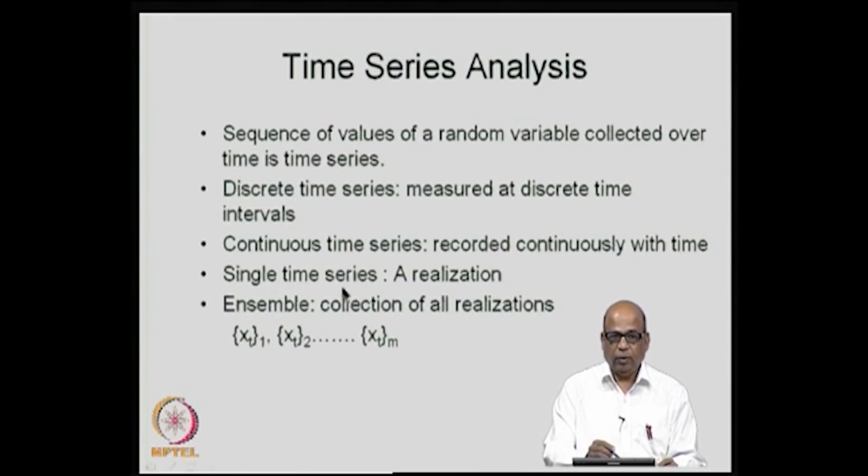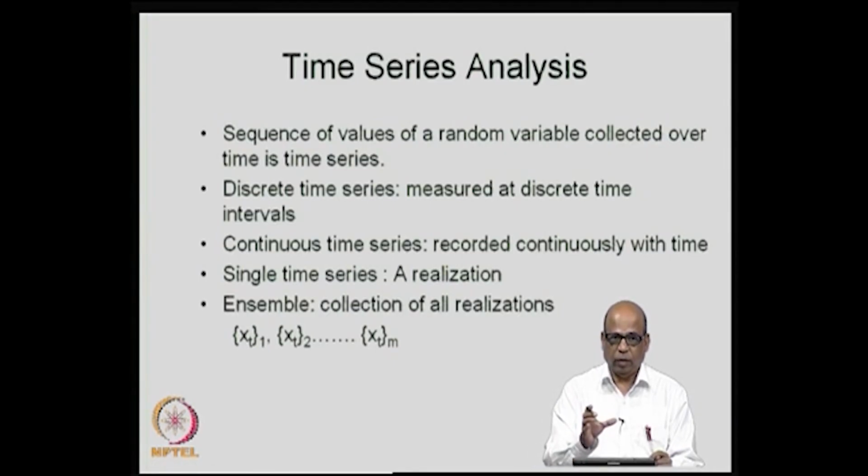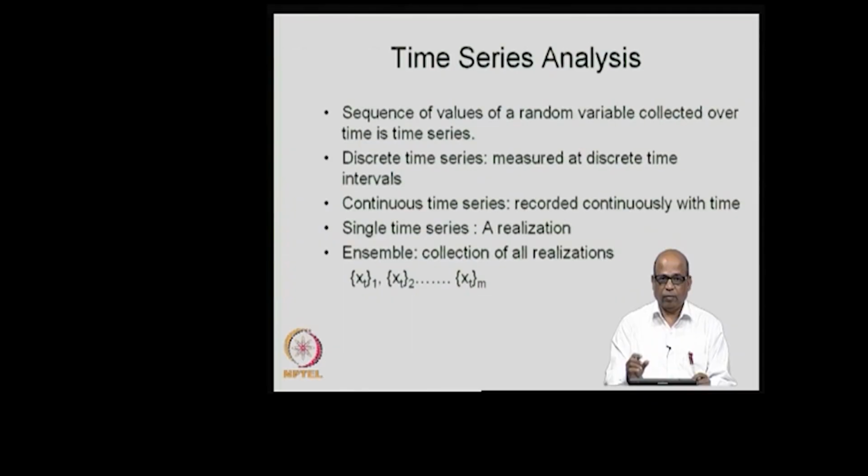A single time series that you have observed is called a realization. For example, we may have flows between 1900 and 1950. This is one time series. A single time series is a realization. You may have several such realizations. For example, you may have flows between 1950 and 1975, then 1900 to 1925, 1930 to 1950.